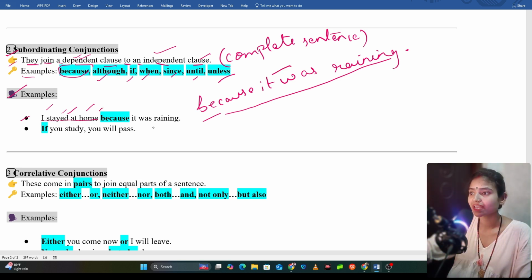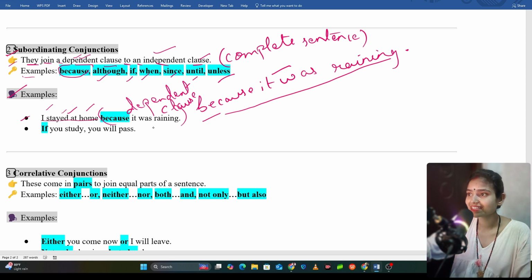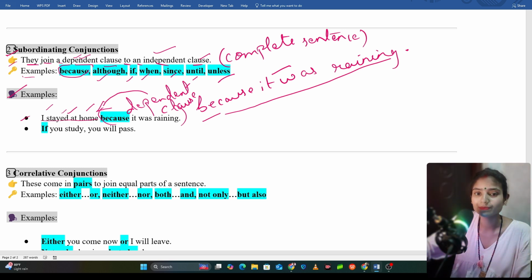This is a dependent clause. Okay, this dependent clause will not stand alone, but it will take the help of an independent clause to make a complete sense.